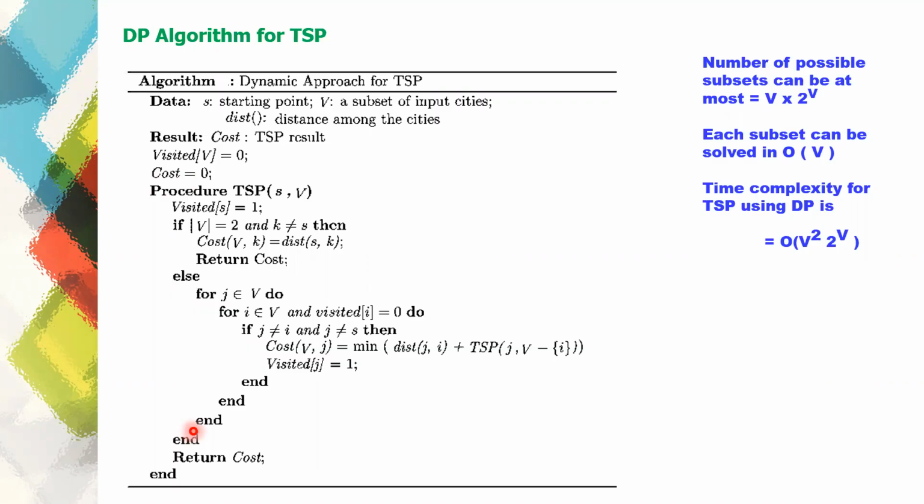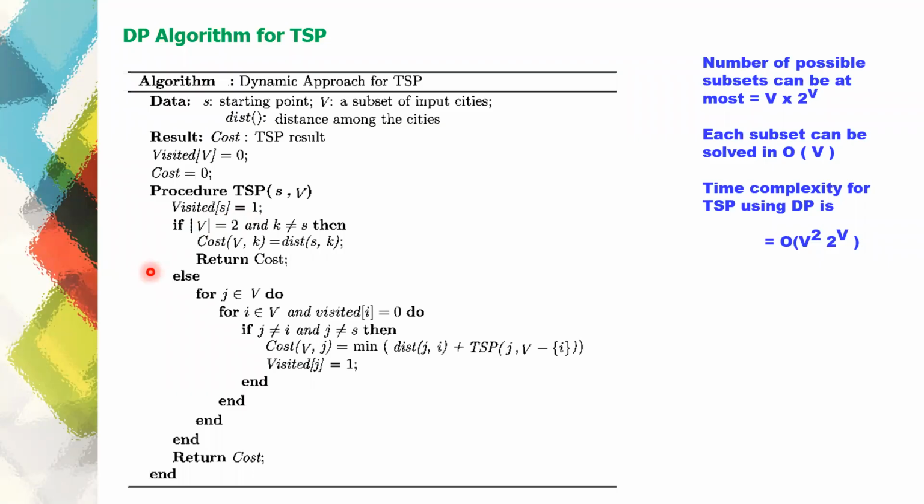So I'll start with starting city S. Once I reach city S, I'll make its flag visited. Visited means the flag should be equal to 1. Now S city is already visited. Then I have to decide whether to go to the recursive formula or not.